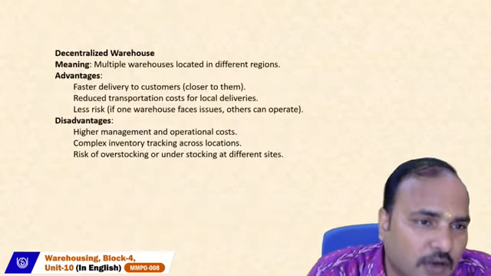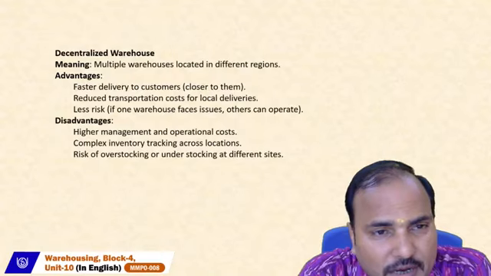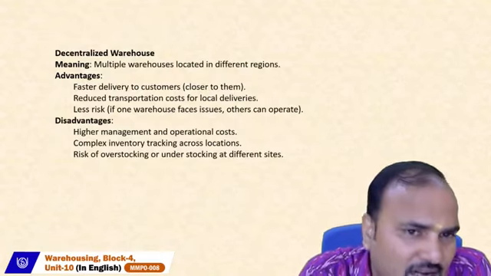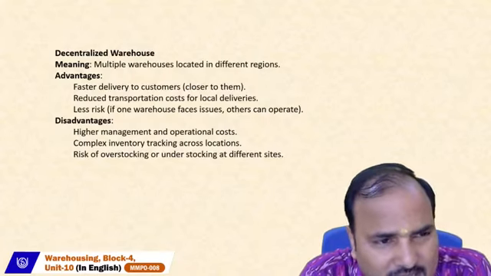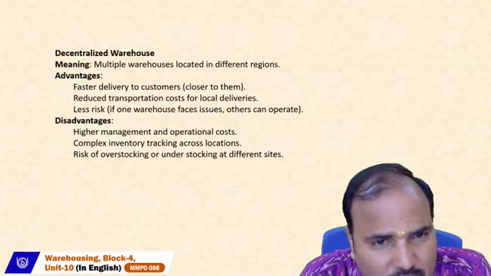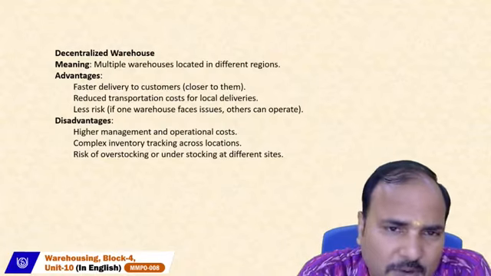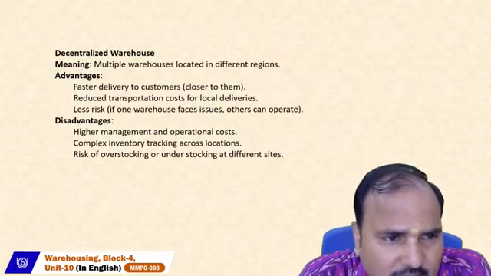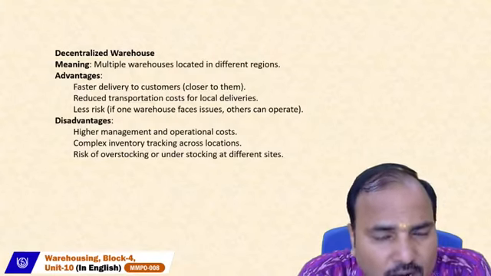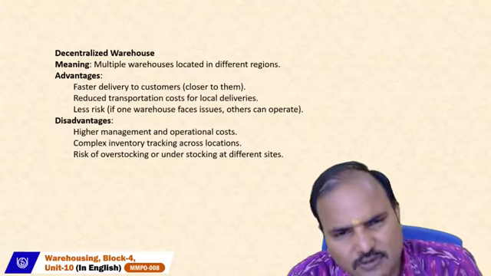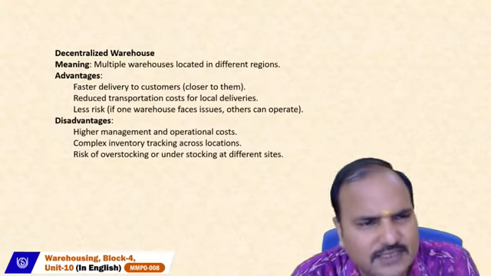Whereas in a decentralized warehouse, multiple warehouses are located in different regions, situated on a regional basis. Here there is faster delivery to customers because the warehouses are very close to the different regions. It reduces the transportation cost for local deliveries because they are situated in different local spaces.